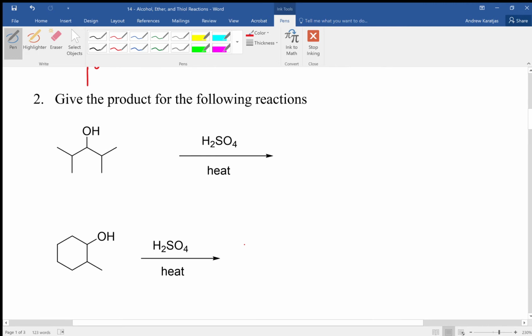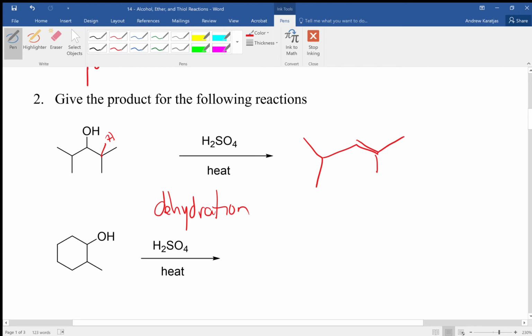Number 2, we have alcohols again, but in this case they're reacting with sulfuric acid, which is a protic acid, and heat. This combination of reagents will lead to a dehydration. Remember, that's where we're going to remove the OH group, as well as a hydrogen on a neighboring carbon to give us an alkene.